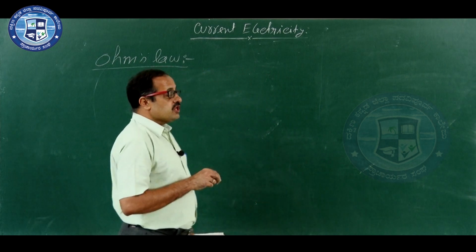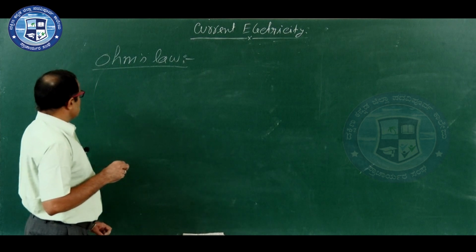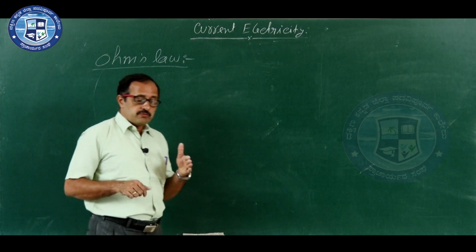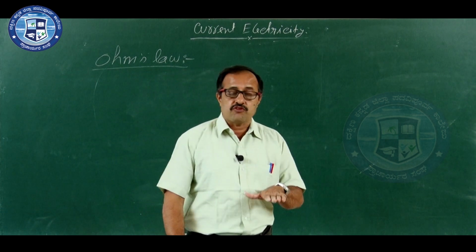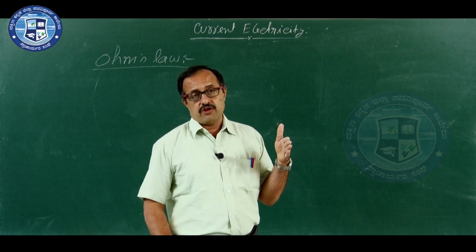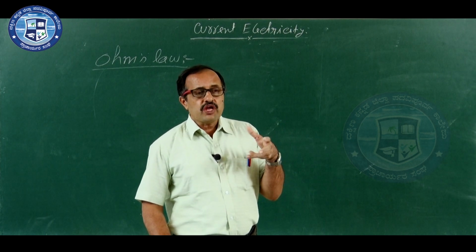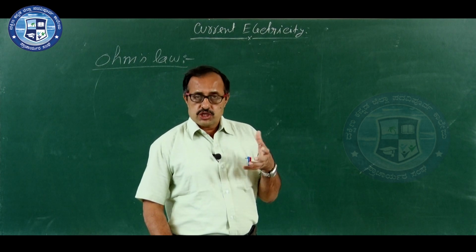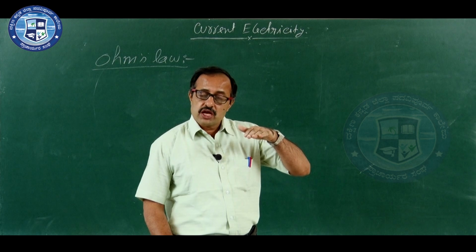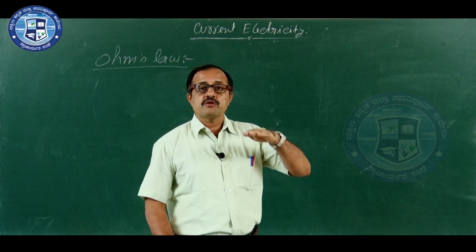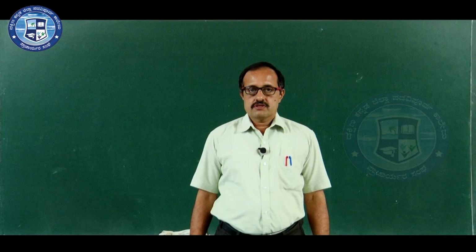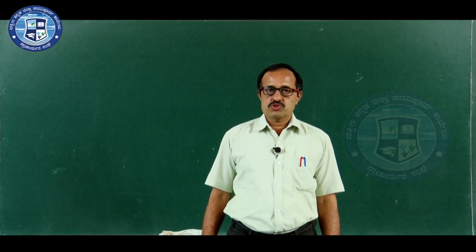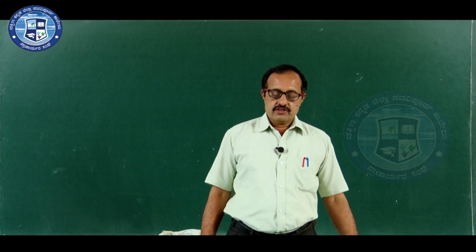And even for metals, Ohm's law is not applicable at very low temperature or extremely high temperature. What is the meaning of this? If you take a metal like copper wire, it does not obey Ohm's law at extremely low temperature or extremely high temperature. The other important limitation of Ohm's law is like this.